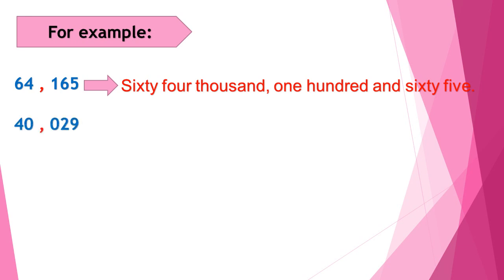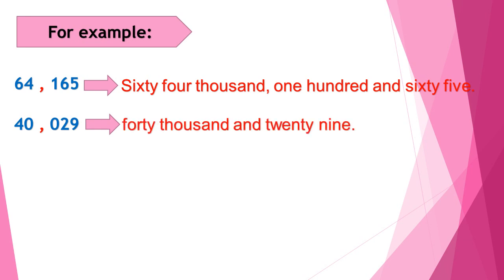We put a comma after 3 digits from the right. Then we have two families, thousands family, ones family. We start from the left and read the number with its place. 40,029. We have here 0 in hundreds. Then we don't write anything in hundreds. We read this number as 40,029.